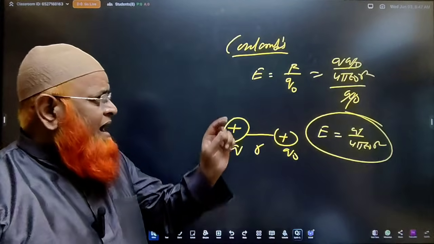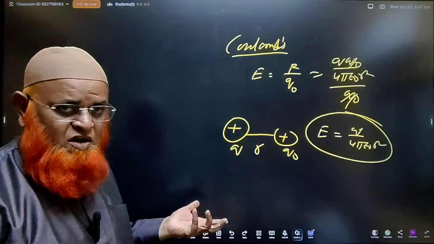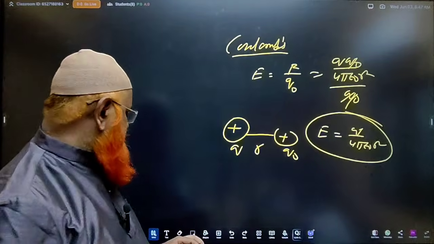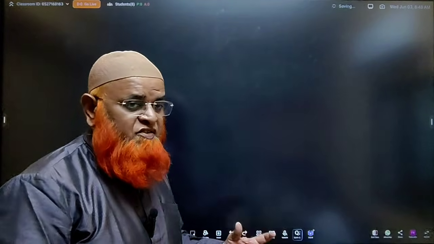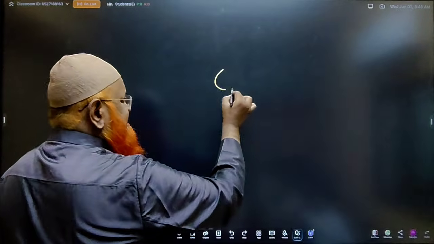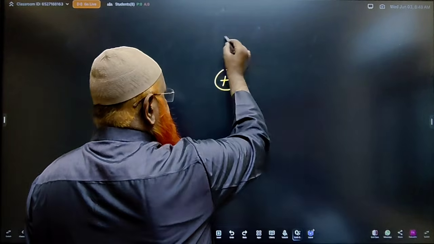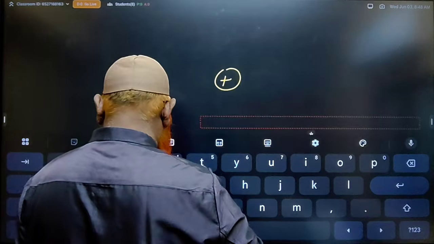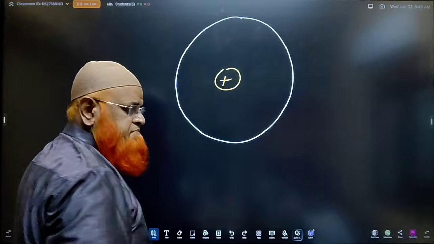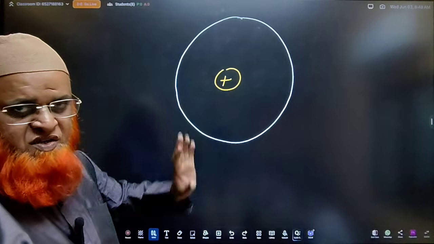By using Coulomb's law, you can find the electric field intensity of a single charge, or of two charges beside each other. Take a single positive charge, and surrounding this positive charge there is an electric field, and I want to find the electric field intensity because of this charge.